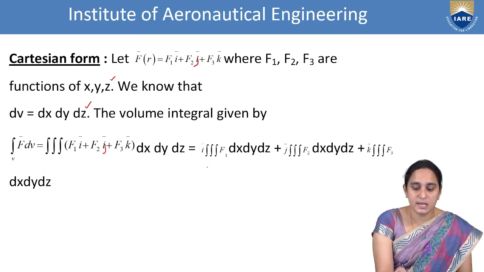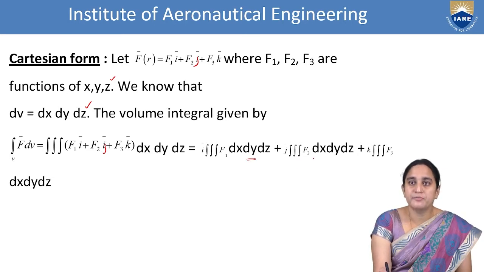Simply, I'll write that as i bar into the triple integral of F1 dx dy dz, plus j bar into the triple integral of F2 dx dy dz, plus k bar into the triple integral of F3 dx dy dz.